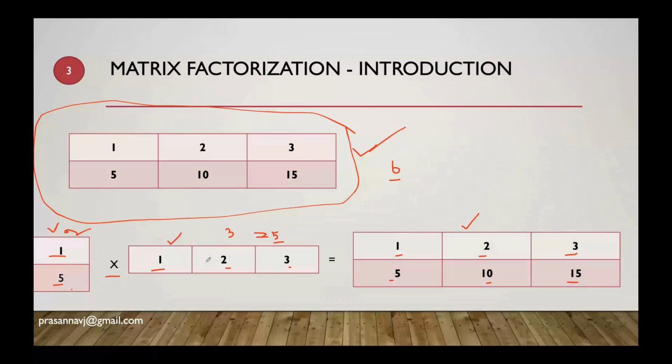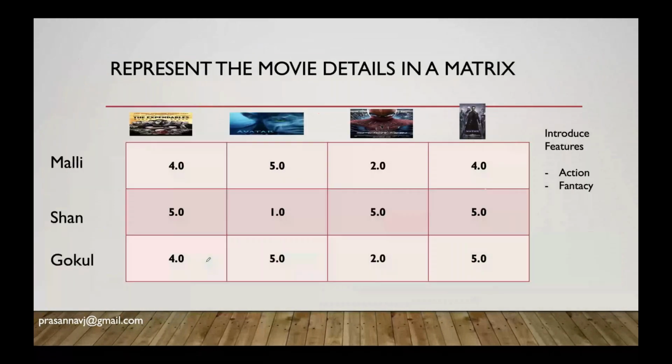Okay, so now we have seen our matrix here, assuming that Gokul has also seen a lot of these movies, and all the people have seen the movies and have provided different ratings for them. And the movies could have multiple genres. So I'm just taking action and fantasy as two genres for the whole solution.